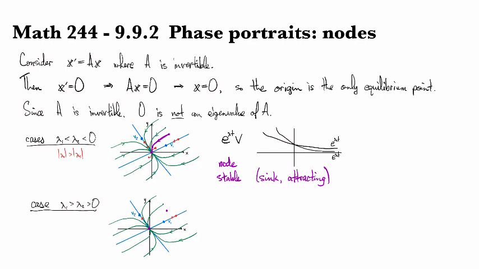Now what's going to happen is for large values of t, that's going to be when the v1 dominates, and that's going to be as these things are heading outward. So the entire conversation I said before is just sort of flipped around.